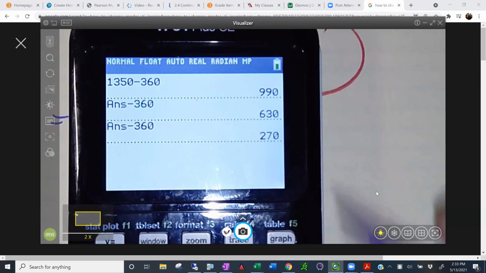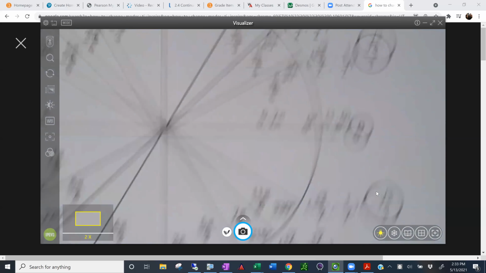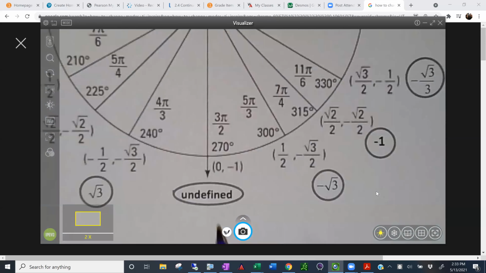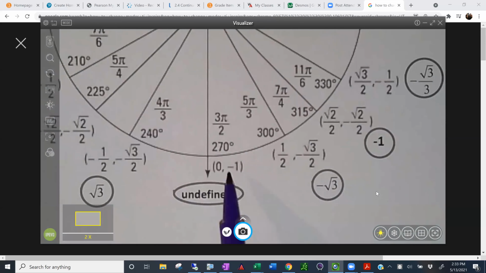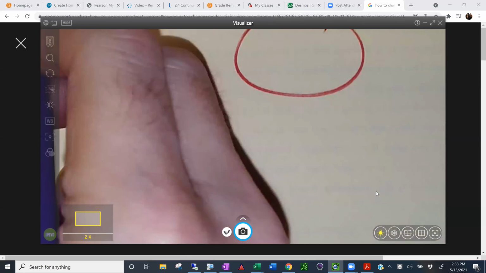And finally, I've got something that's within the unit circle in terms of degrees. It's 270 degrees. And from the unit circle, we know that the cosine is the x coordinate here, and that's going to be 0. So cosine of that would be 0.